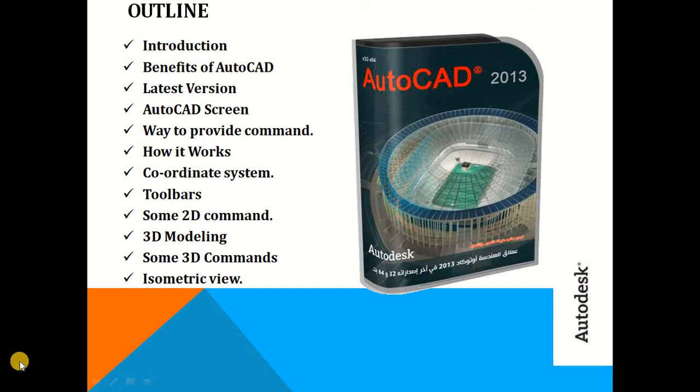And after that, in part 2, part 3, we can discuss how our way to provide the commands, how it works, and coordinate systems that are used in AutoCAD, user coordinate system and world coordinate system, different toolbars, draw and modify commands, some 2D commands, 3D modeling, some 3D commands, and isometric view in the next parts.